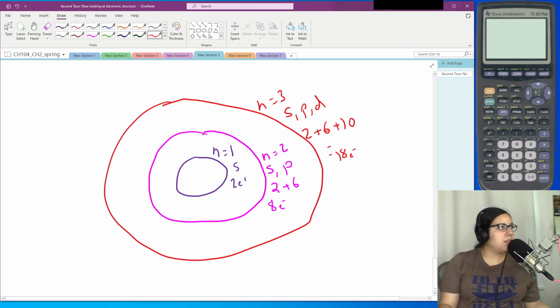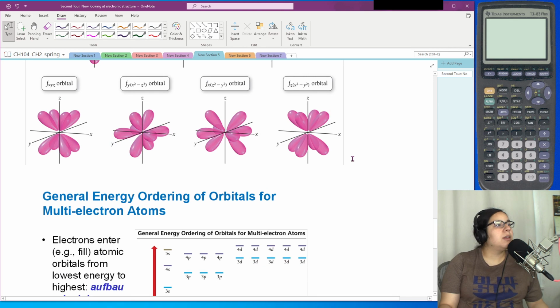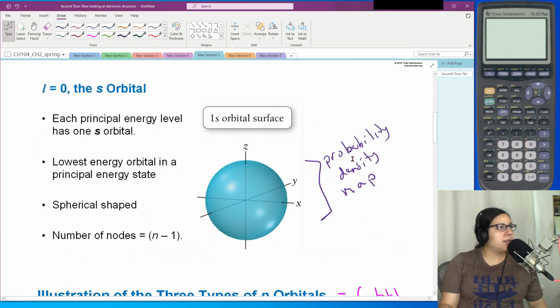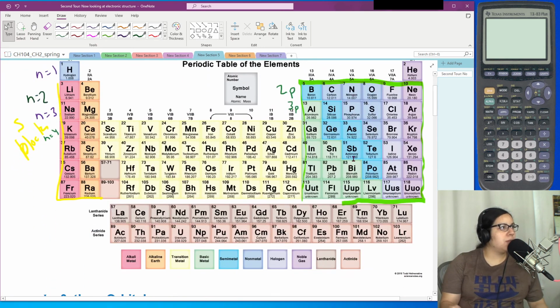Why I wanted to stop and do this is so that we don't forget, when we go in order on the periodic table, that this is actually 3d. Write that down, star it. This is 3d.